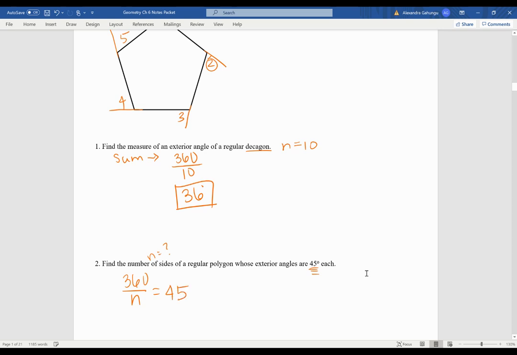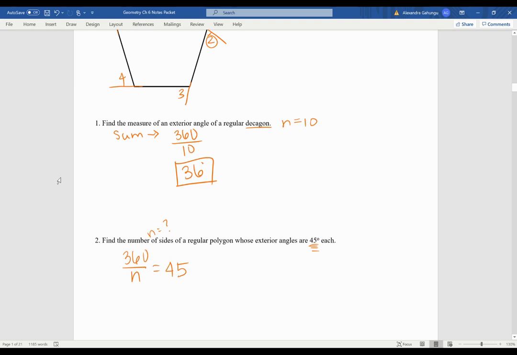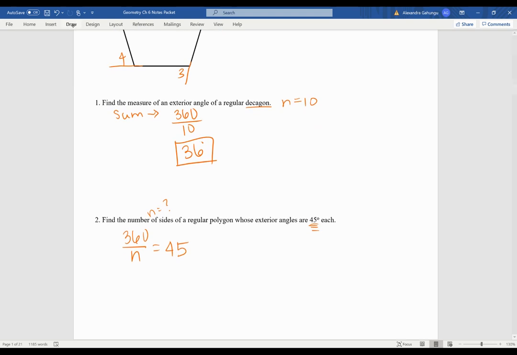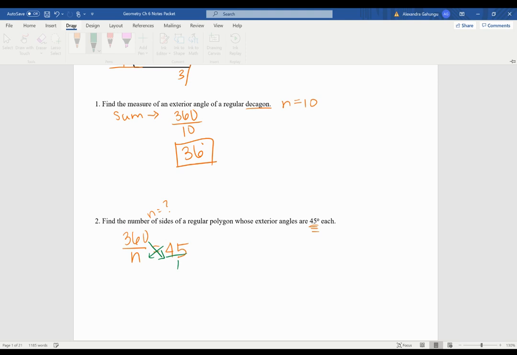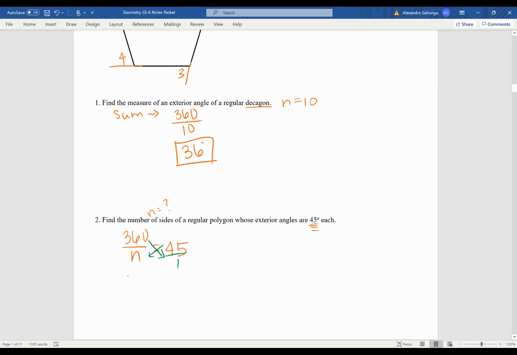So now we're working backwards. You can cross multiply. So you'll take 360 times 1 and then 45 times n to get your equation. So it's 45n is equal to 360. Divide both sides by 45 and we get n is equal to 8. So it's an octagon.